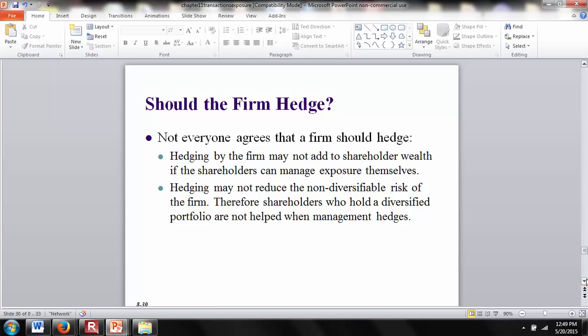So basically here, we are always assuming that shareholders hold diversified portfolios. If you are holding a diversified portfolio, then it doesn't matter whether one firm has a loss or not, especially in foreign currency. So you might be holding shares of Apple, and Apple is going to make money if the US dollar depreciates.